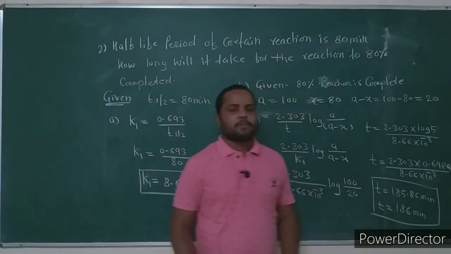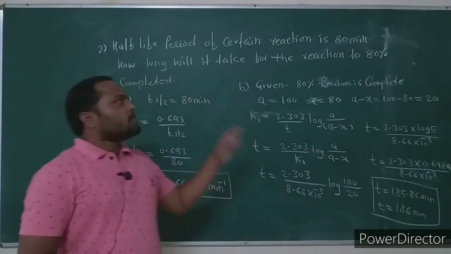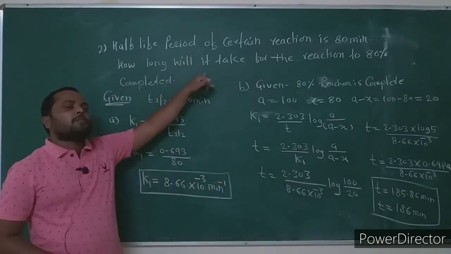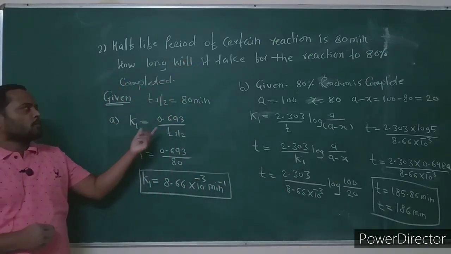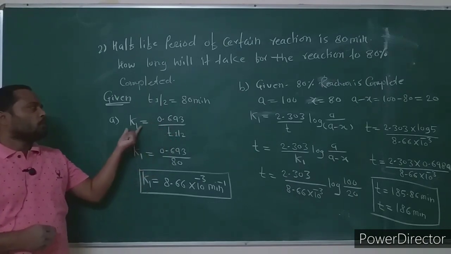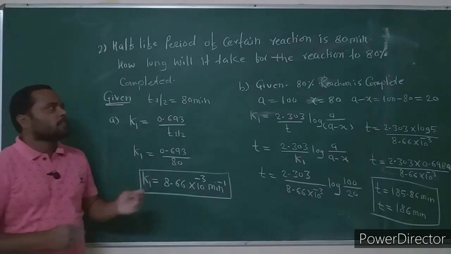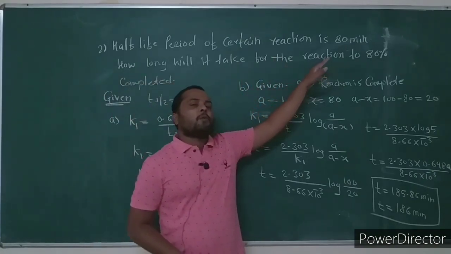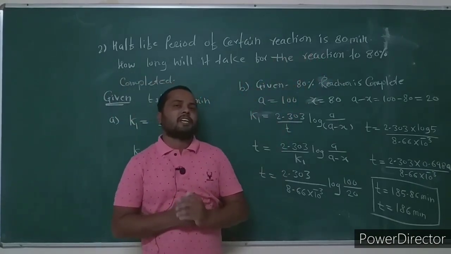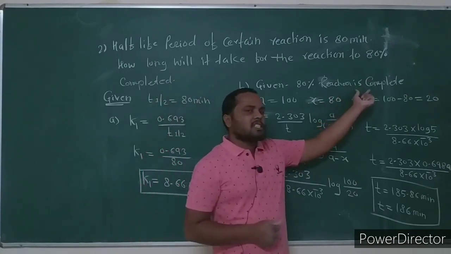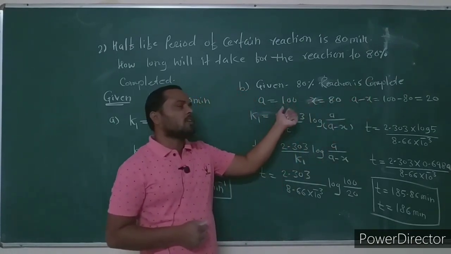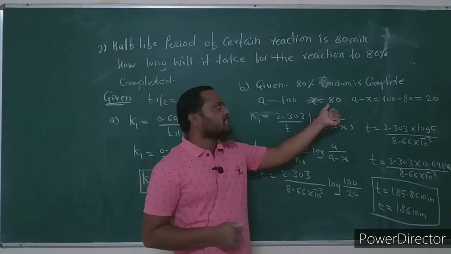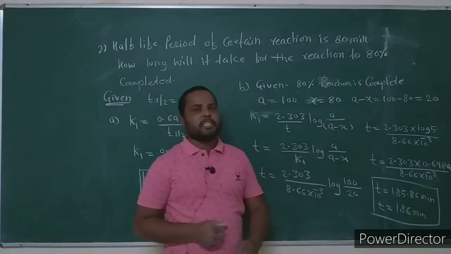The time required for completion of 80% of the reaction is 186 minutes. In this problem, the half-life period of a first order reaction is given. By knowing the half-life period, we can determine the rate constant. In the second part, what is the time required for completion of 80% of the reaction? The reacted concentration is 80%, so the initial concentration is 100, reacted is 80, then A minus X is 20.